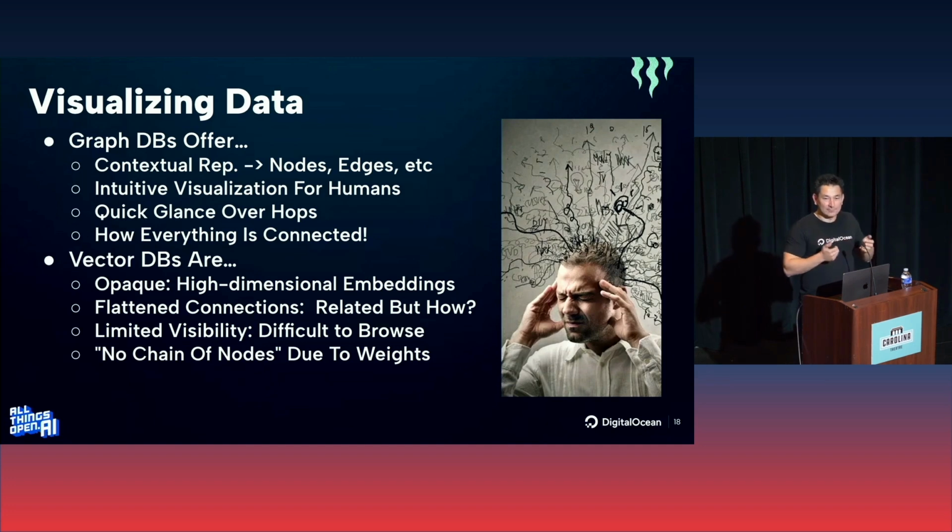Right, explainable AI: visualizing what your LLMs are doing, how and why things are being answered. The takeaway is that graph databases offer a contextual representation. Nodes and edges are nodes and associations. Because you can see those things in a graph database, you can make sense of what is going on, how the information is getting pulled and then being fed into your LLM.